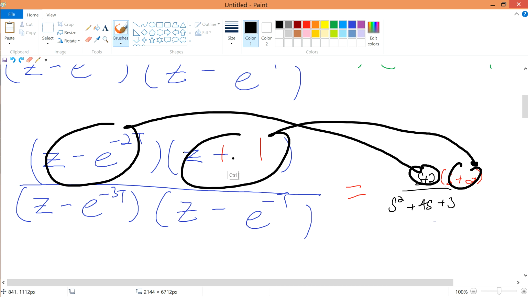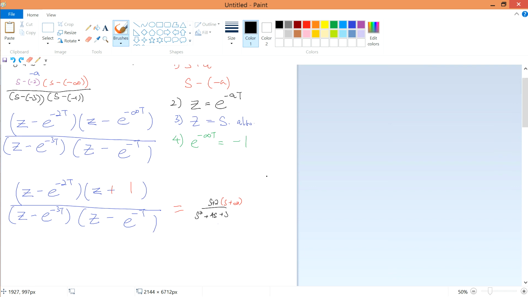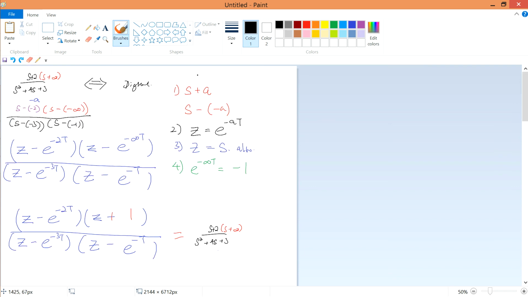So at the end of the day, I just want you to take note of 5 things. The first one is s plus a, you change it to s minus a. The second thing is z is equal to e to the minus at. That's all I want you to know.